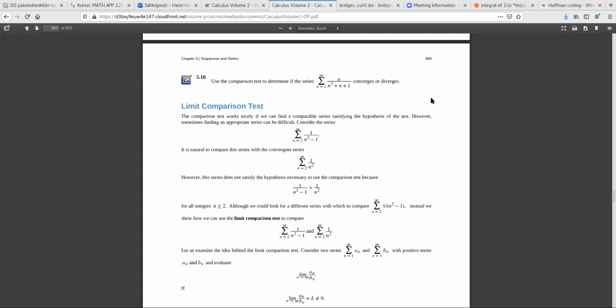Well, let's look at it. Each of these terms is of the form n over n to the 3 plus n plus 1. Okay? So first of all, notice that this is definitely smaller than or equal to, because the denominator contains n to the 3 plus n plus 1.